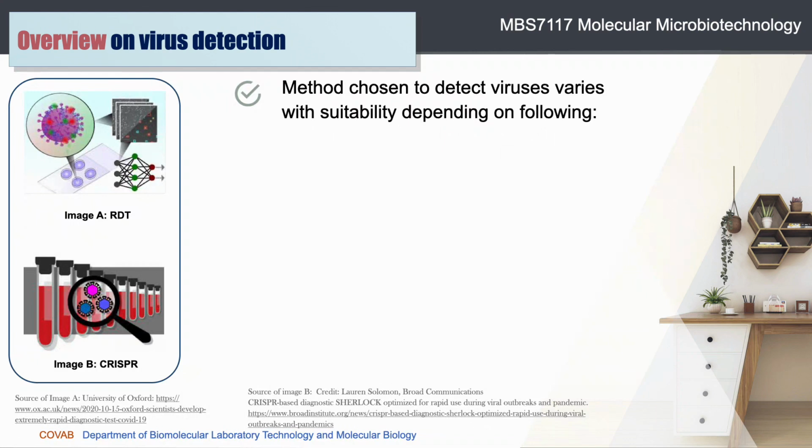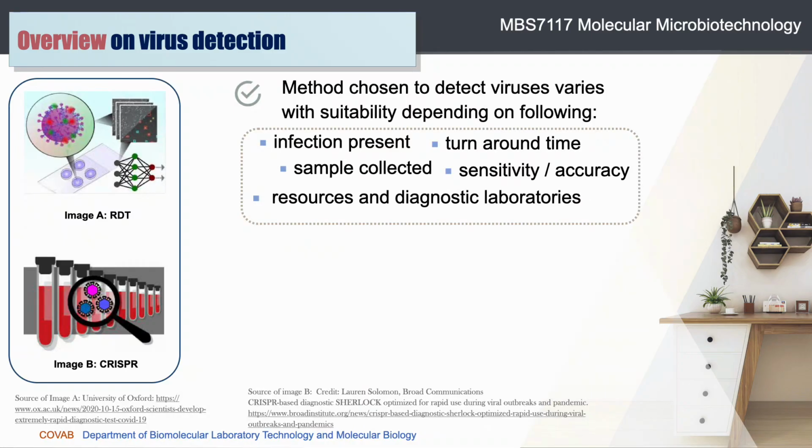So the method we are going to use to detect the viruses will depend on various issues at hand. This includes the infection present, the turnaround time, that is how soon we want the results, samples collected, the sensitivity or accuracy of the test, the resources we have, and the diagnostic laboratories available.